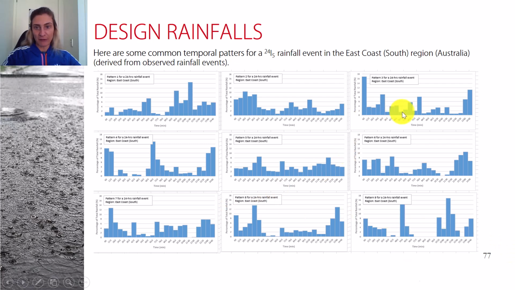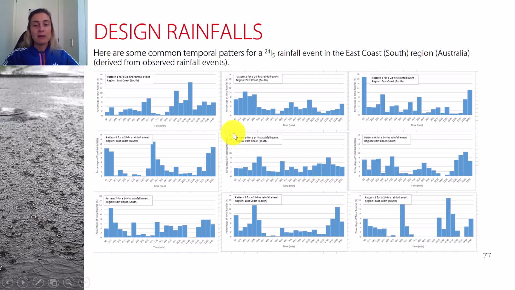For some of them, for example, this example here has the largest intensity in the beginning of the rainfall event. Some others, let's have a look at this one, for example, has the largest intensity happening in the center of the event. Some others are a bit more uniform, for example, this one, which approximates to a constant intensity.